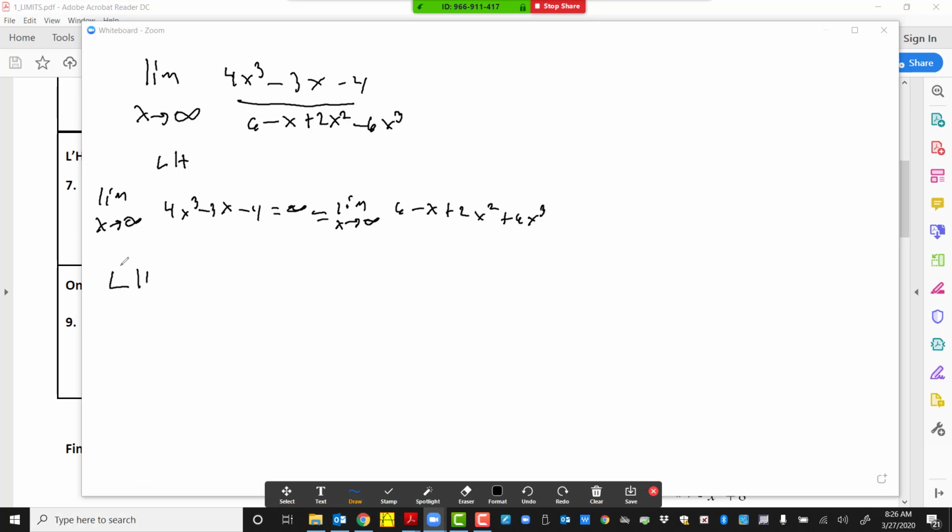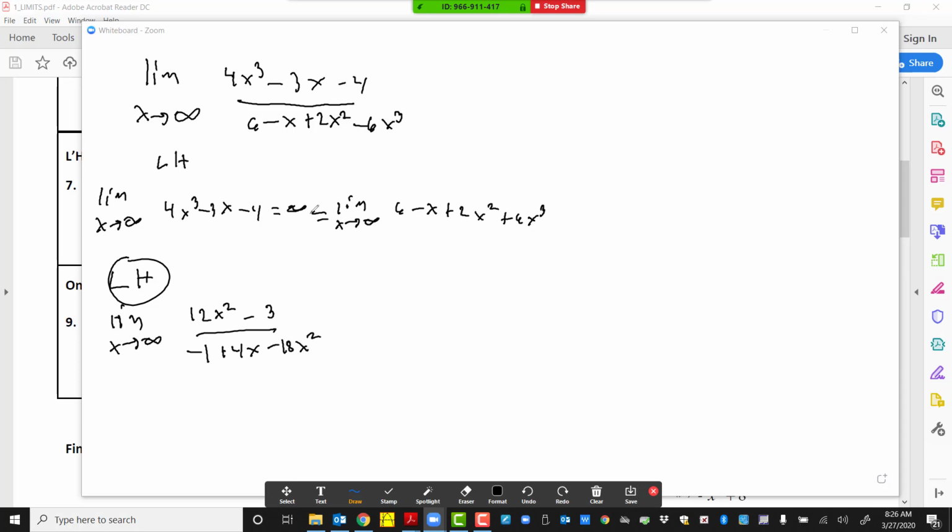Limit as x approaches infinity of 12x squared minus 3 over negative 1 plus 4x minus 18x squared.